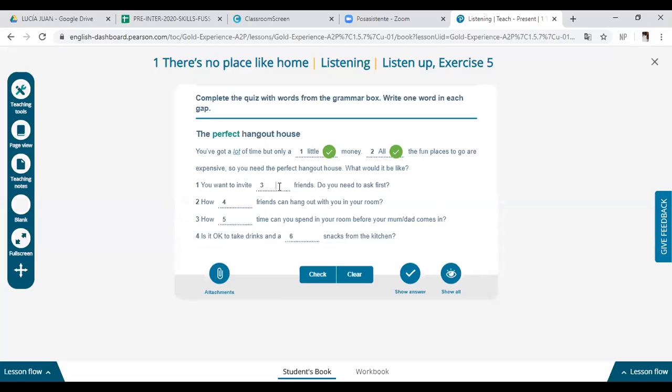Some friends. Good. Very good. Why some? Because friends is countable. Friends is a plural countable noun and it means a little, a few. Very good. Let's see who's next.